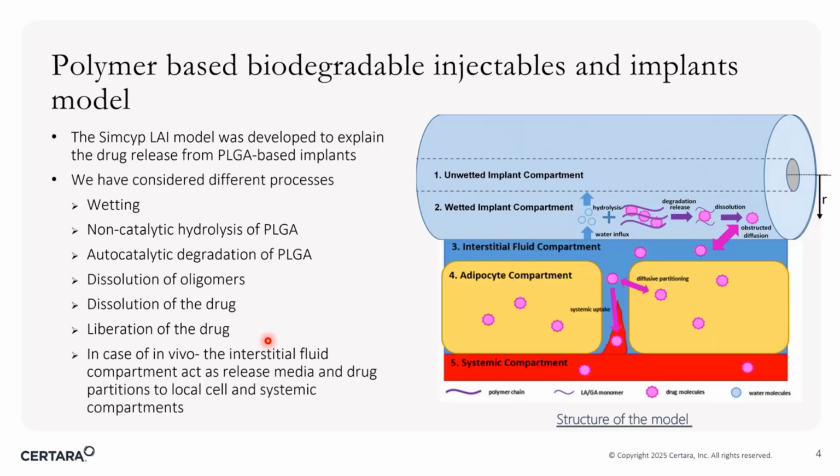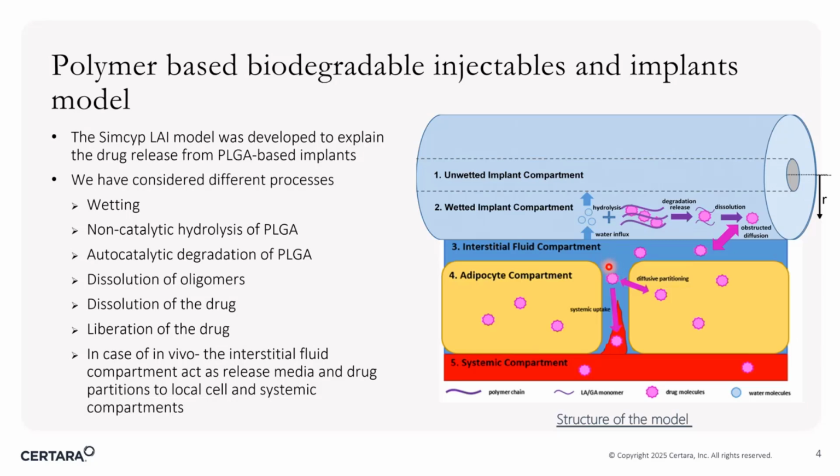So in case of in vivo model, we have interstitial fluid compartment that is in contact with the solid implant. And this interstitial fluid compartment connects with adipocyte compartment in case of subcutaneous tissue, or muscle tissue compartment in the case of intramuscular injection. There is a transfer of drug based on the physicochemical properties of drug. For example, partition coefficients.